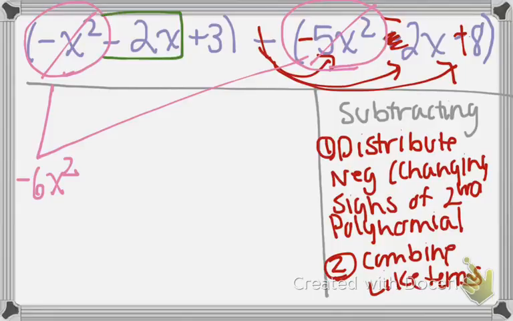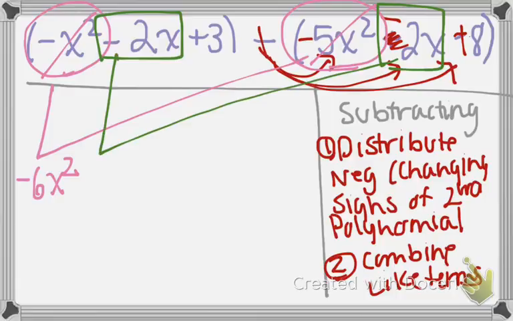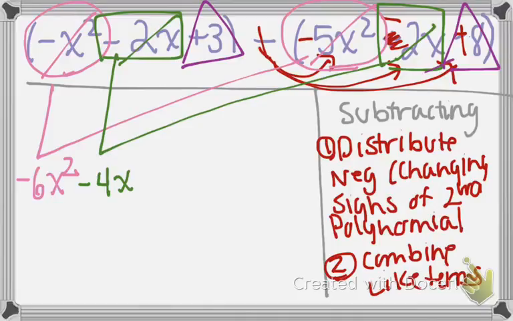Negative 2x goes with a negative 2x. That gives me a negative 4x. Crossing off. And then my constant of 3 goes with my constant of 8, and that gives me 11.